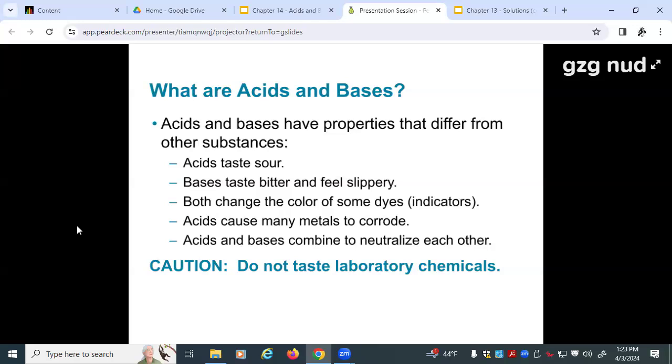Now, we've seen these kinds of reactions in different ways and forms before. We maybe didn't necessarily call them acid-base reactions at the time, or acid reactions in the case of acids with metals. We called them single replacement reactions or double replacement reactions, reactions that form water, reactions that form gases.